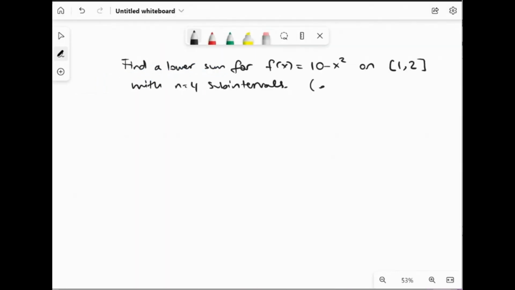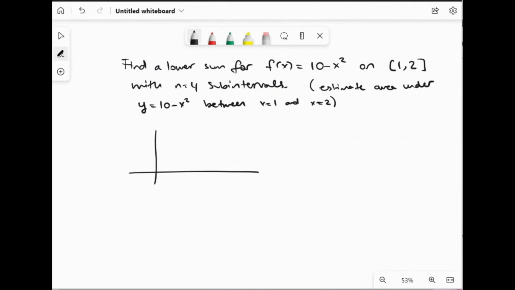So in fact, we would like to estimate the area under the graph of y equals 10 minus x squared between x equals 1 and x equals 2. Okay, so this is what we would like to do.